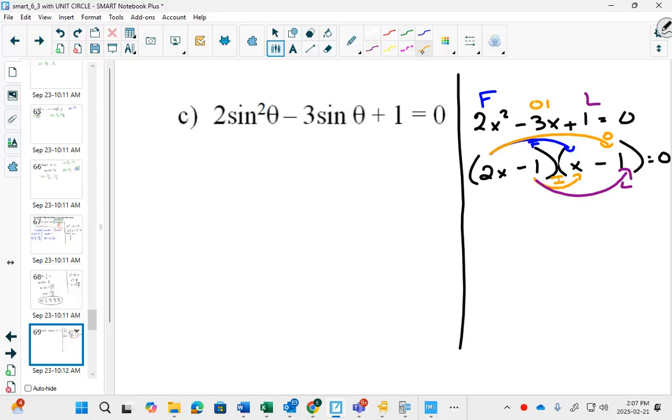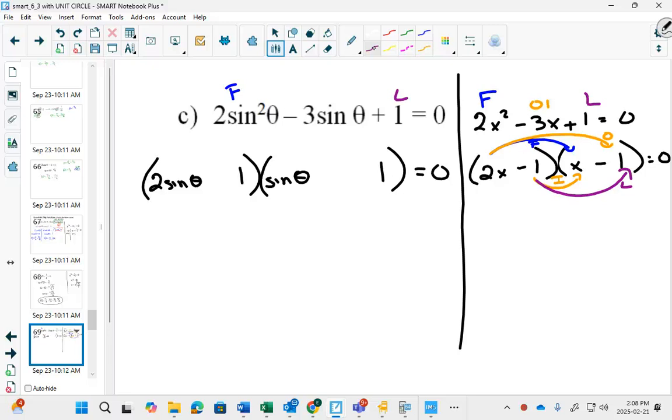So now we do the same thing, but instead of x's, we would have 2 sine theta and sine theta. That will for sure give me my first ones. And my last ones have to be a 1, so I would know that it's 1 and 1.